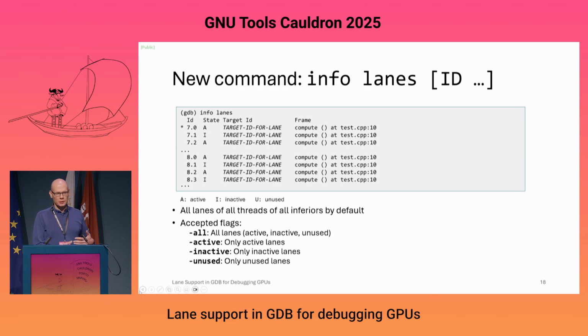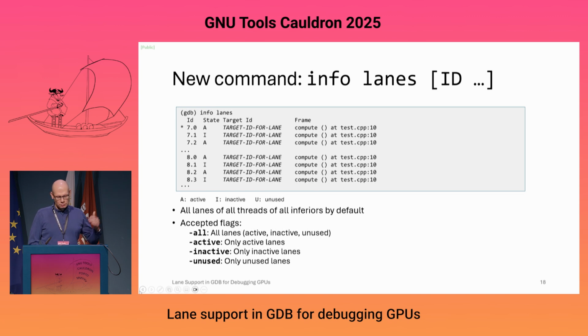Again, this is a behavior that exists for info inferiors and info threads. The information that would be printed is the ID of the lane, its state, the target ID that's defined by the target for this lane, and then the frame.